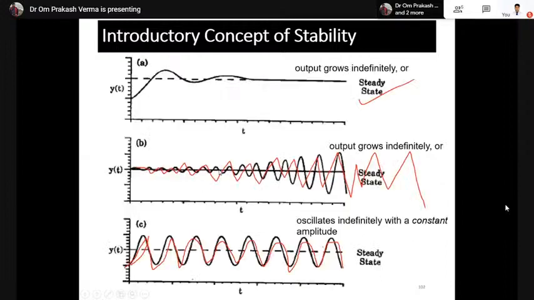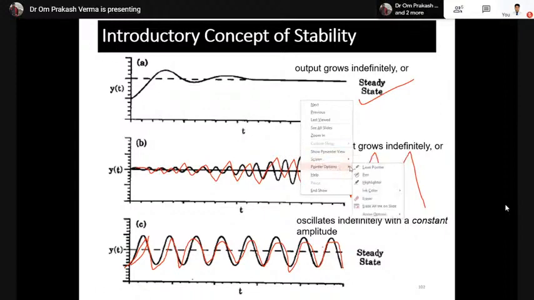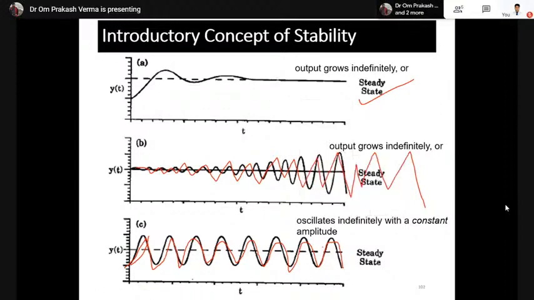First, we have defined what happens as t tends to infinity. At infinite time, the steady state means the desired value we have achieved after a certain interval of time.